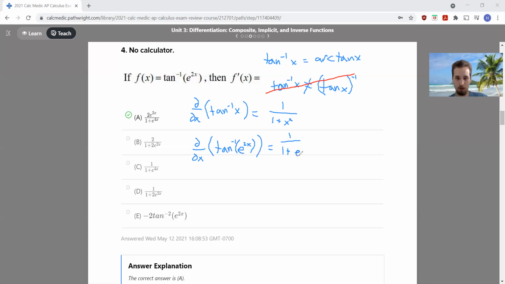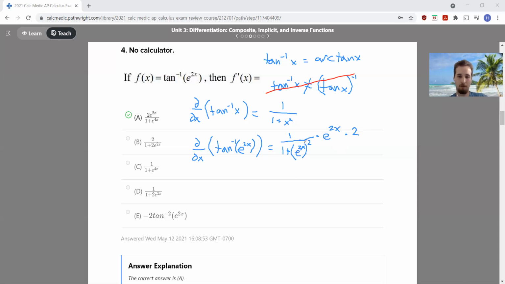So we're going to have e to the 2x squared. So instead of x squared, we get e to the 2x squared. But now we have to do the derivative of the inside. So what's the derivative of e to the 2x? Well, the derivative of e to the x is just e to the x. So the derivative of e to the 2x is going to be e to the 2x as well. But there's another function inside, right? So now we have to do the derivative of 2x. The derivative of 2x is 2.